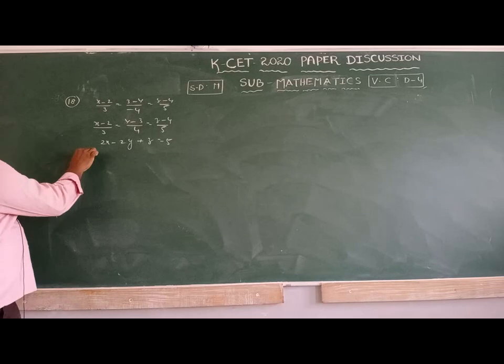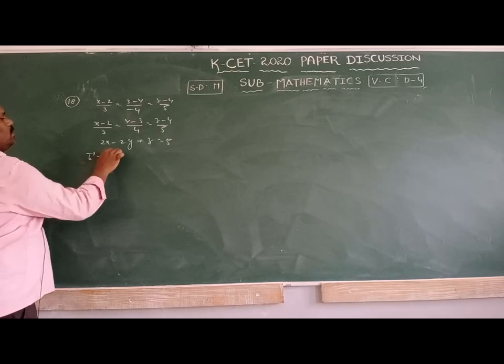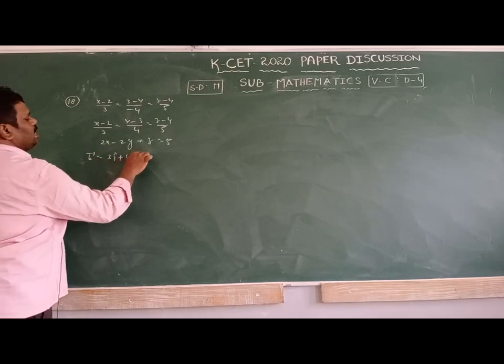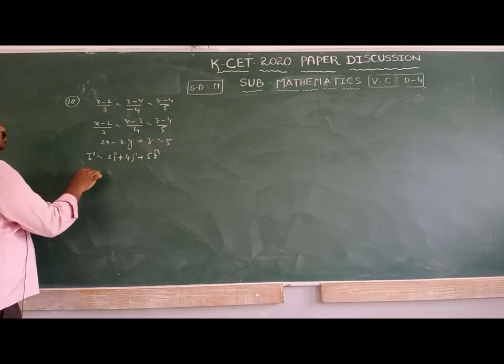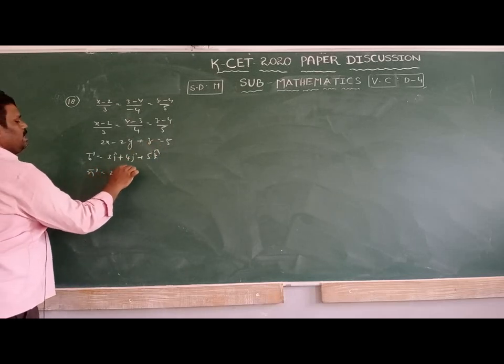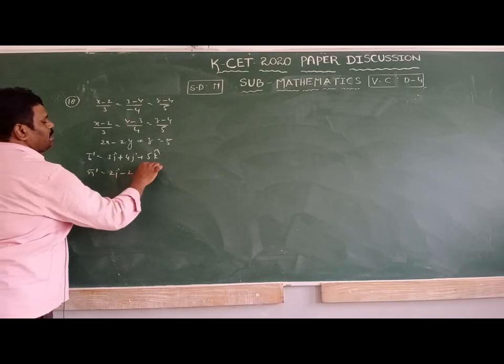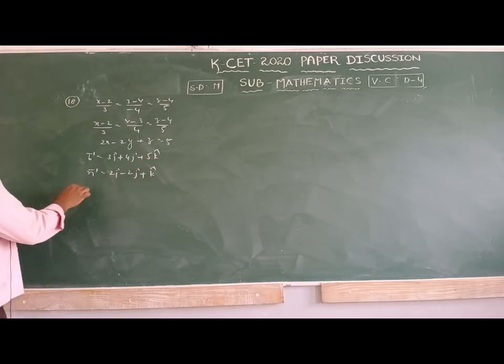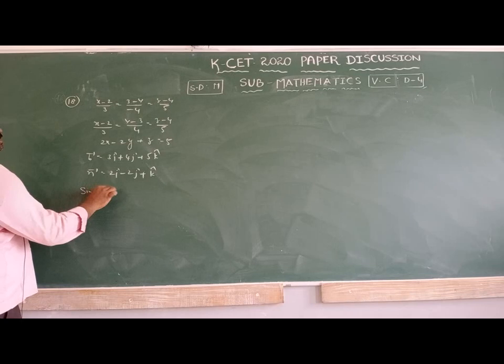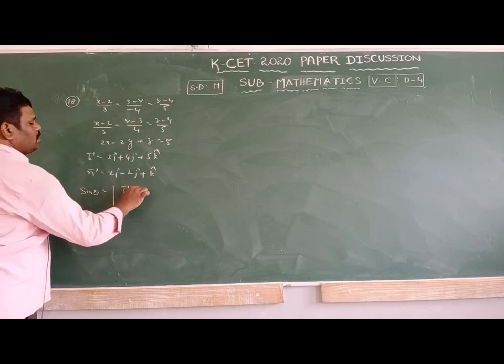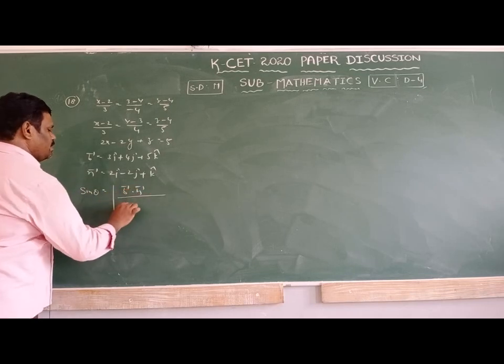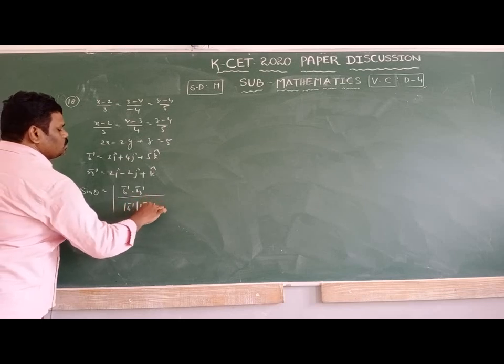So from that line, the vector b bar is equal to 3i cap plus 4j cap plus 5k cap. So n bar is equal to 2i cap minus 2j cap plus k cap. So sin theta, cos of 90 minus theta or sin theta, is equal to b bar dot n bar by magnitude of b bar into magnitude of n bar.